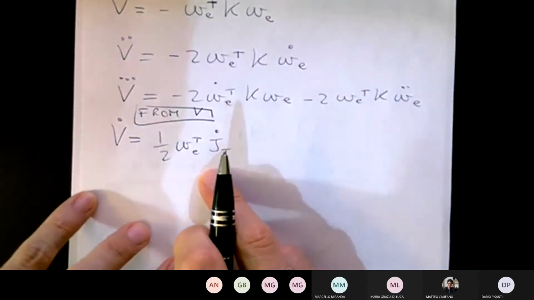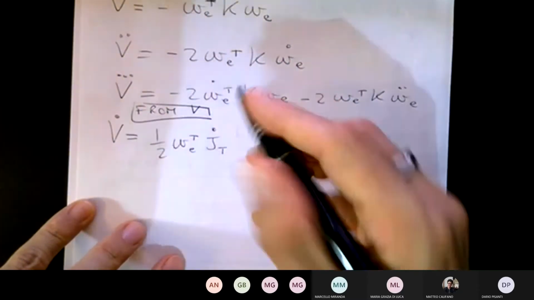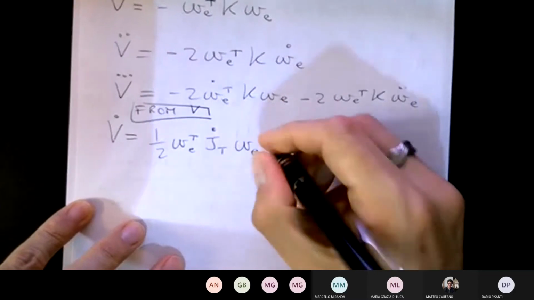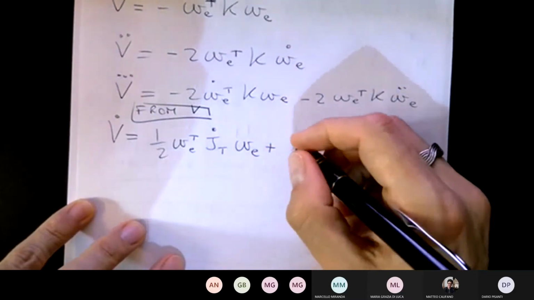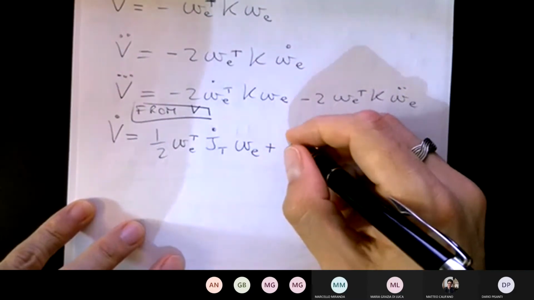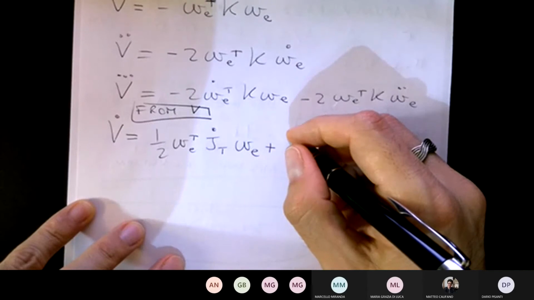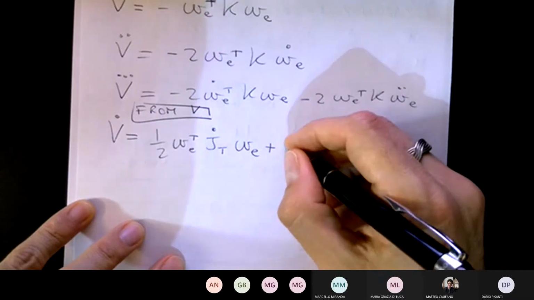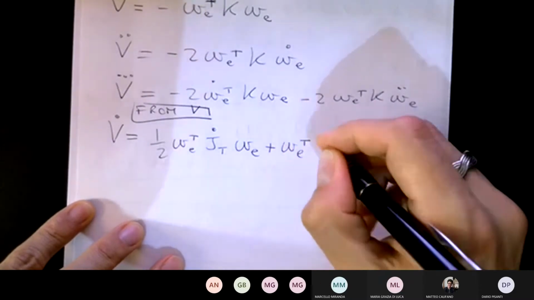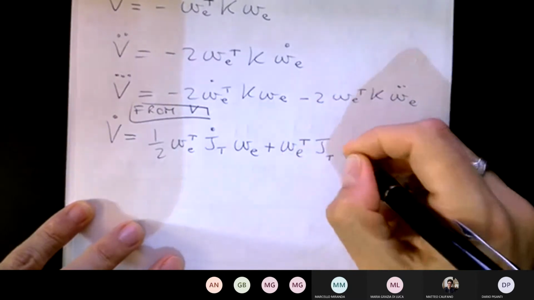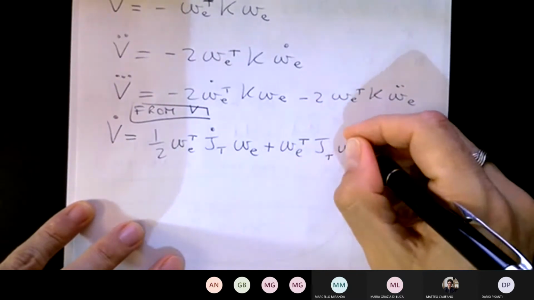Remember that this has momentum exchange devices, so the J is actually possibly changing. Plus, let's see, I think I'm missing a 2 somewhere. No. Omega E transpose J total omega error dot.